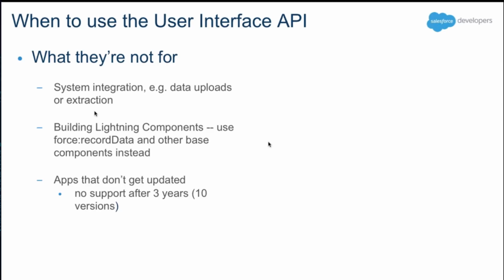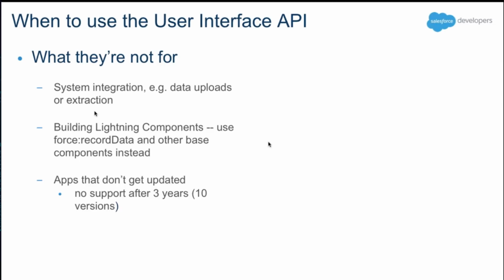For that, you have probably been using the SObjects API, and we recommend that you continue to use that. They're great for that. There's many reasons why the SObject APIs are better for system integration versus the User Interface API. But as an example, the User Interface API is really tied to the user context and metadata.